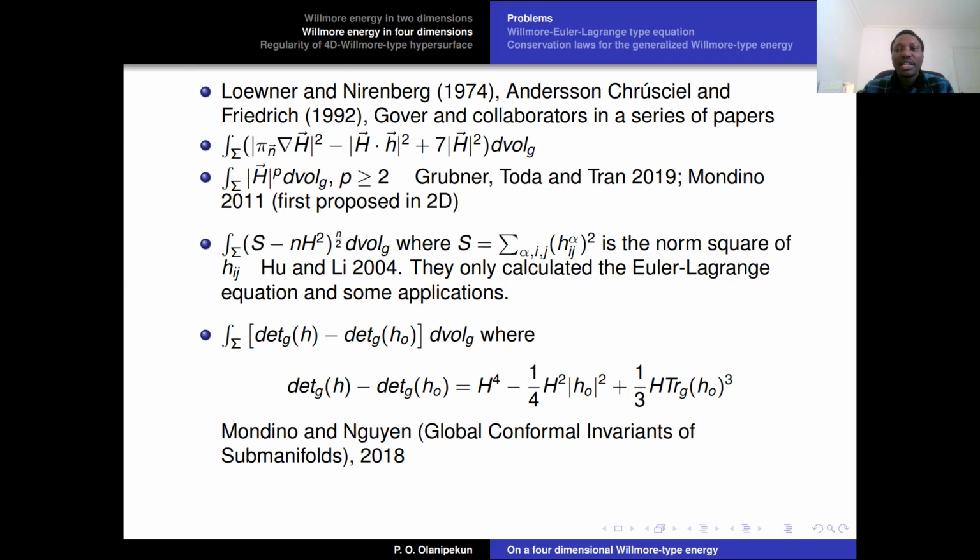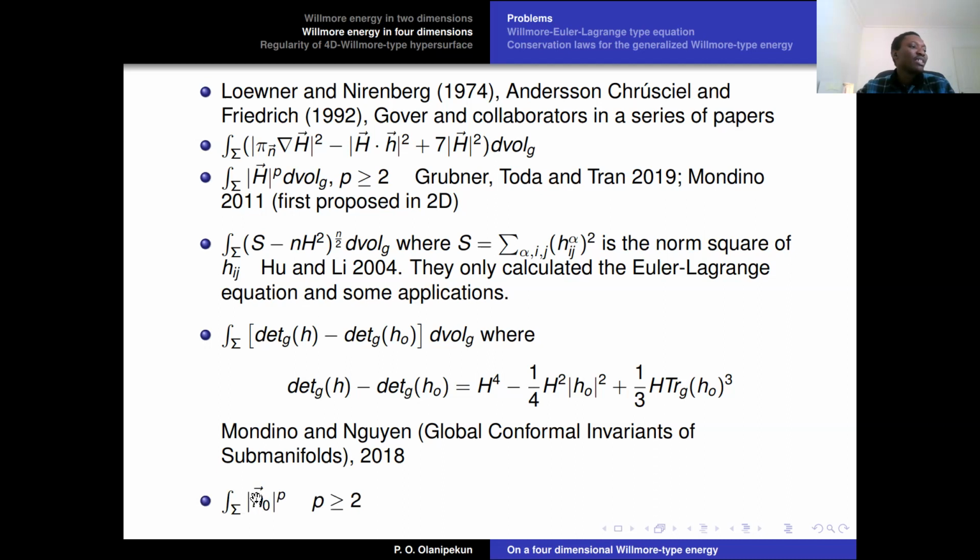But the problem with that is also that, in fact, this one does not have minimal surfaces as its critical point. So minimal surfaces are not examples of the critical points of this. So this one also fails.